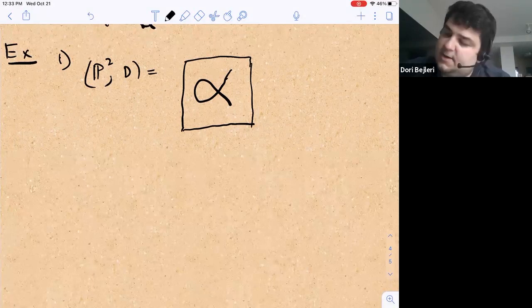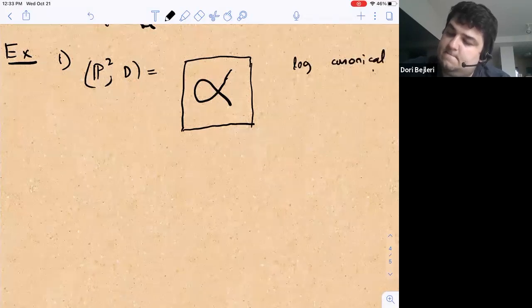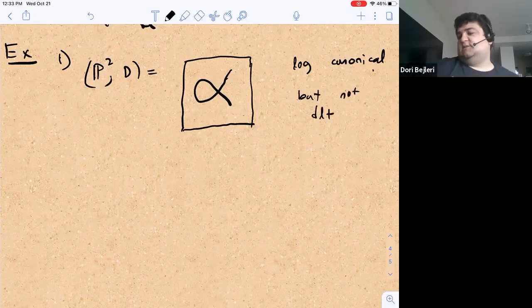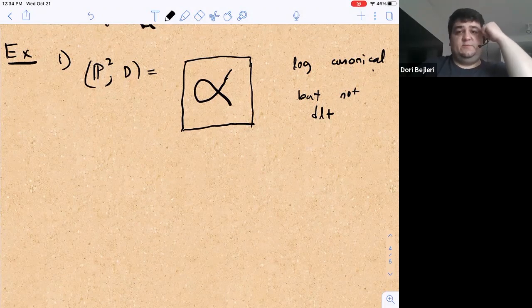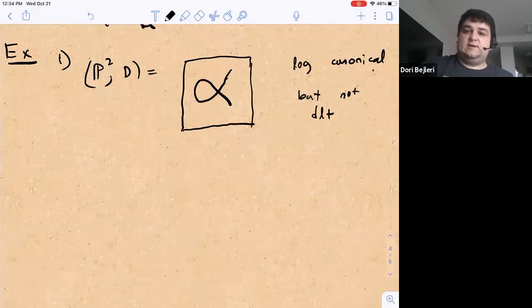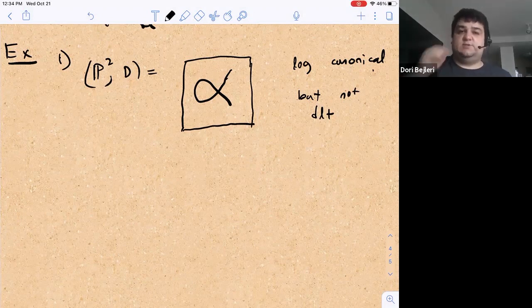Then this is log canonical, but it's not DLT. To see it's log canonical, you can take a simple normal crossings resolution by blowing up that node point. Then the discrepancy of that divisor is -1. And everywhere else, you just have X with a smooth divisor, so any other discrepancies of any other blowups are strictly bigger than -1. But it's not DLT because there's no locus where this divisor is simple normal crossings. Sorry, it is normal crossings, but it's not simple normal crossings because it has a self-intersection.